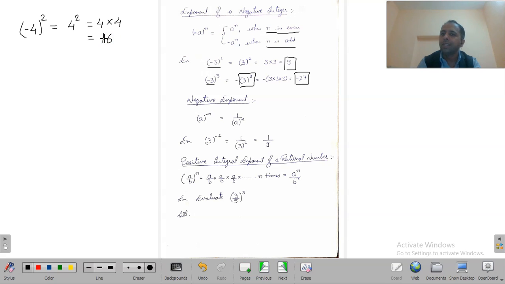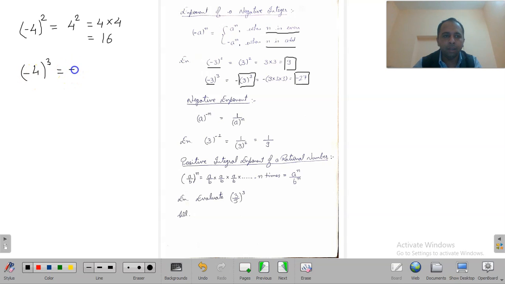But in case we have minus 4 to the power 3, you can see that the exponent value is odd here, and the base value is a negative integer.